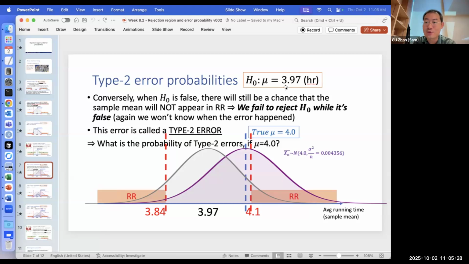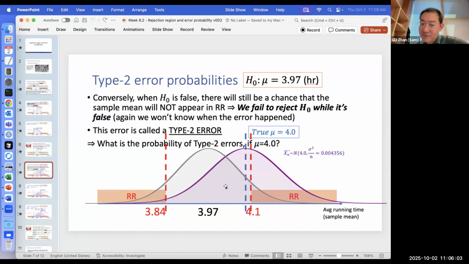So as long as your sample average stays in the rejection zone, your test result is reflecting the truth. The problem only arises if your sample mean lands between 3.84 and 4.1, which is outside your rejection region and inside your confidence interval for your H0.